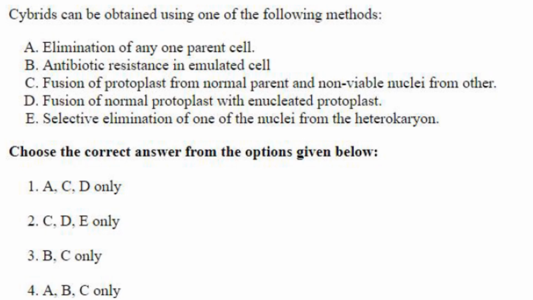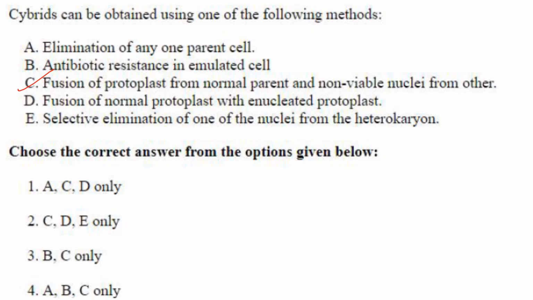Fusion of protoplast from normal parent and non-viable nuclei from other cell. Yes, that is how hybrids are produced. So protoplast will be from the normal parent, and the other protoplast will be either an enucleated protoplast, or it will be having non-viable nuclei. You fuse both of them and you get a hybrid. So C is correct.